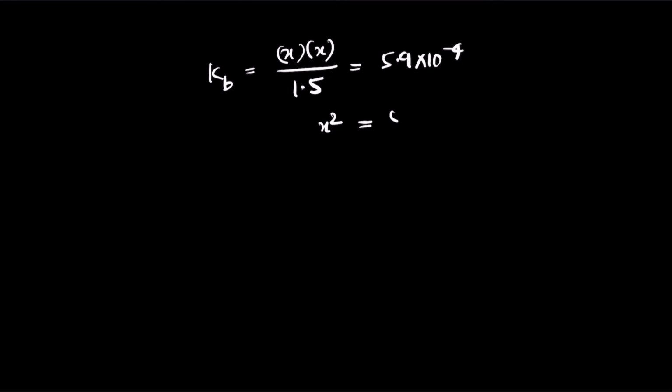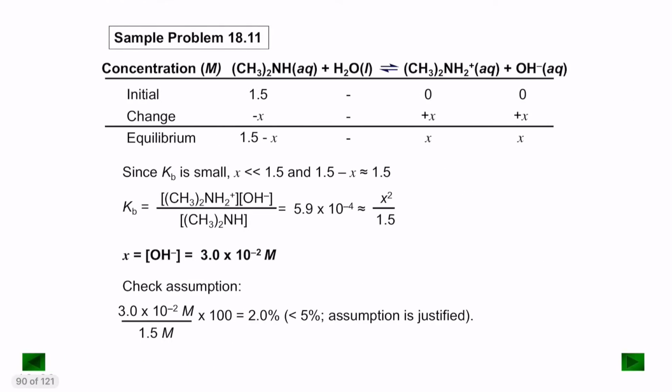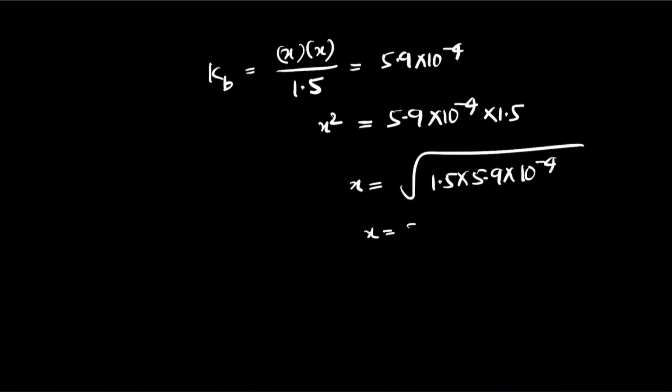So x squared becomes 5.9 times 10 to the power negative 4 times 1.5. So x becomes the square root of 1.5 times 5.9 times 10 to the power negative 4. That x value becomes 3.0 times 10 to the power negative 2 M, which is also equal to the concentration of OH minus.